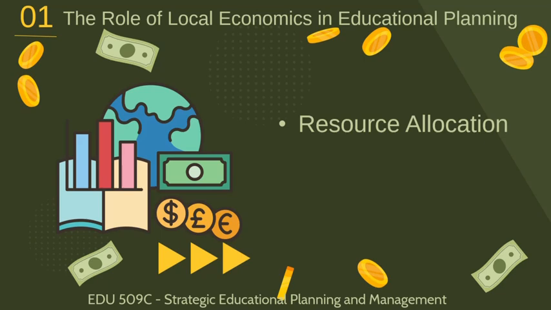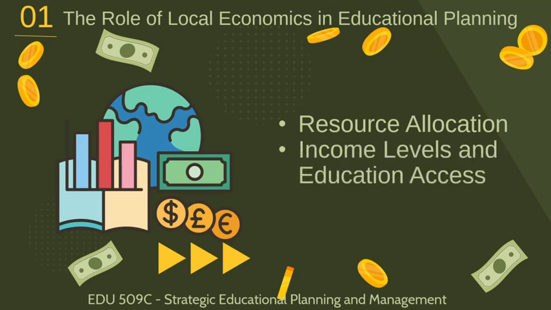Wealthier communities can afford to invest in better infrastructure, teacher training, and modern technologies, which creates an environment conducive to learning. On the other hand, low income areas often struggle with outdated resources, poorly maintained facilities, and underpaid teachers. So this results in a significant disparity in the quality of education across different localities.